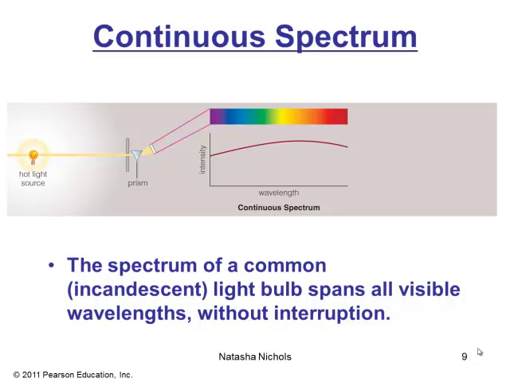If we were to represent that in a graph of intensity versus wavelength, it would look like a continuous line. So the spectrum of a common light bulb, for example, or another way of saying light bulb is incandescent light bulb, would span all the visible wavelengths without any interruption, without any spikes.